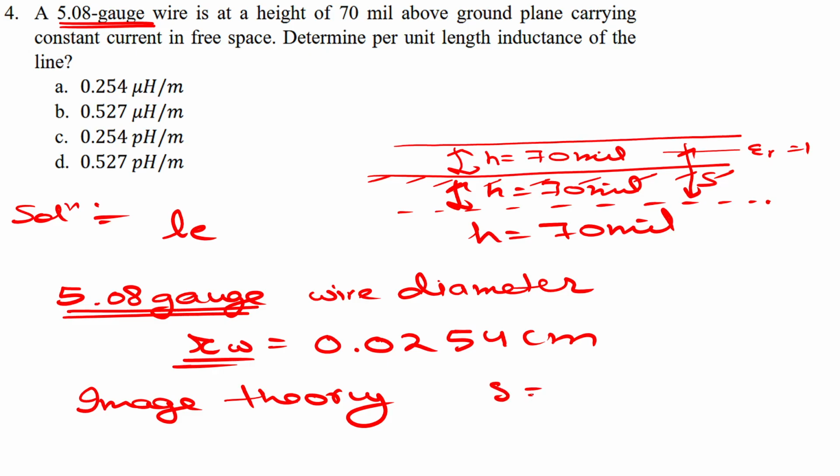We can write this as 2h, meaning the separation between the two wires. The second wire is imaginary. So S is 2 times 70 mil. So S comes out to be 140 into 0.001 into 2.54 centimeters.